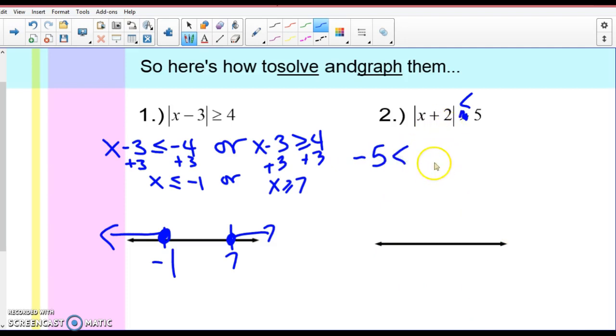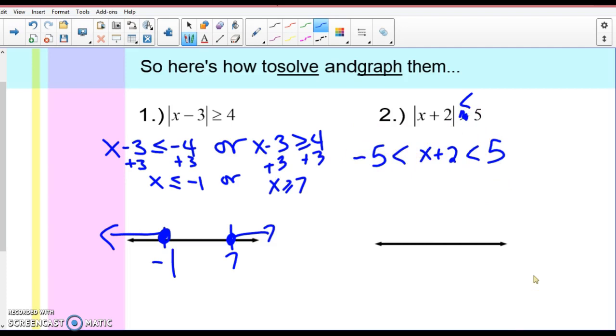Less than, x plus 2 goes in the middle, less than 5. That is an and statement. You read that: x plus 2 is greater than negative 5, and x plus 2 is less than 5. That's how you rewrite it. Make this negative, move it down here, and then you have less thans the whole way. That's how you write an and statement.